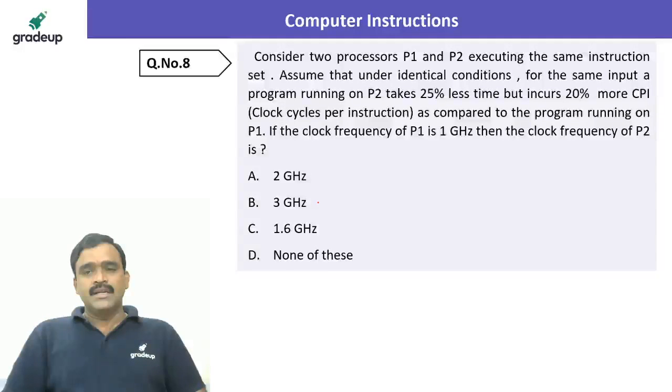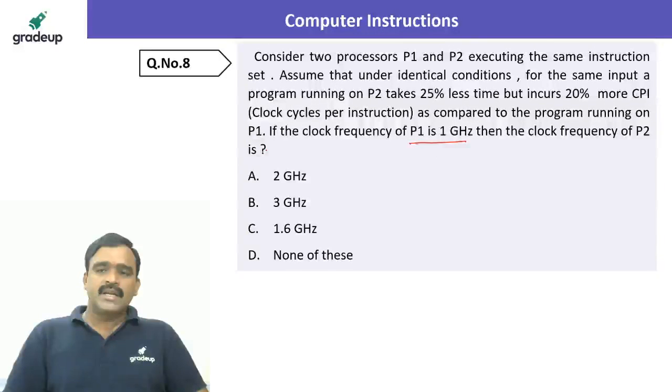Assume that under identical conditions, for the same input, a program running on P2 takes 25% less time but incurs 20% more CPI, clock cycles per instruction, as compared to the program running on P1. If the clock frequency of P1 is 1 GHz, you have to find the clock frequency of P2 in gigahertz. That is the question.